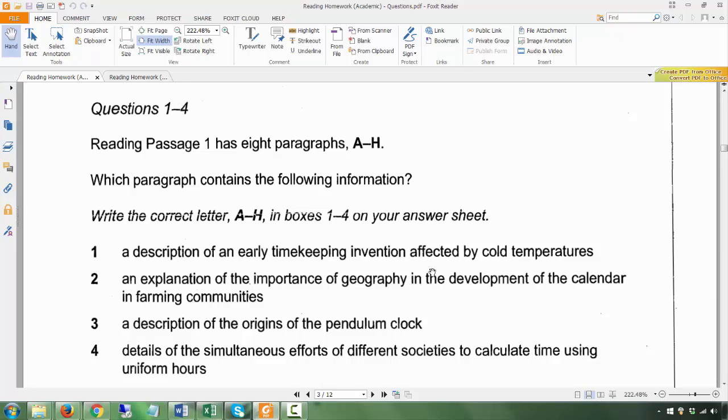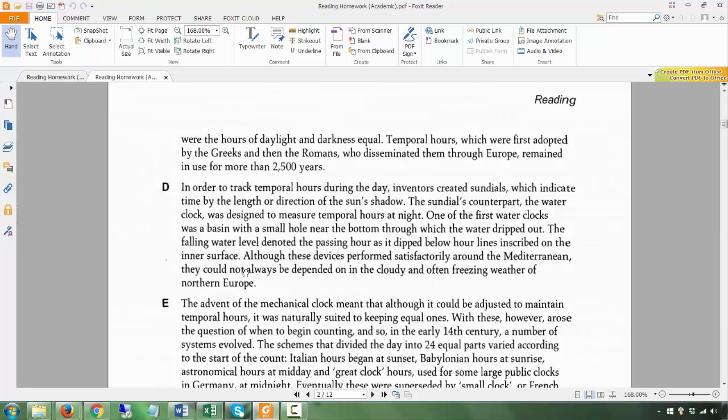Okay, so some of the keywords here, basically affected by cold temperatures is definitely something that's key. So you don't expect the phrase cold temperatures to be in the passage. There are many ways of describing that it's affected by cold temperatures, all right? And basically this answer is here.